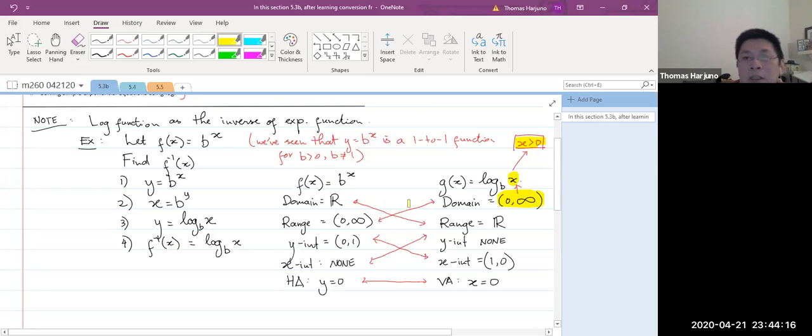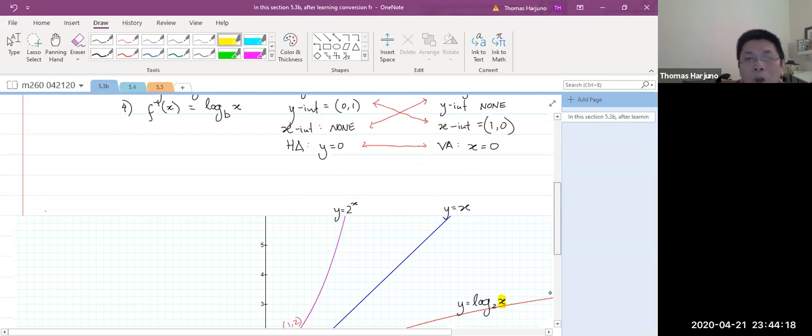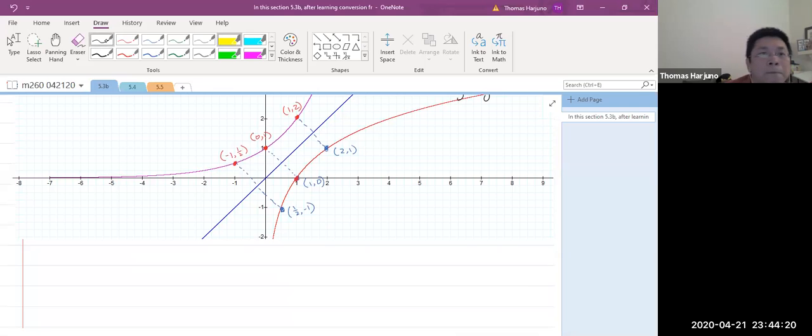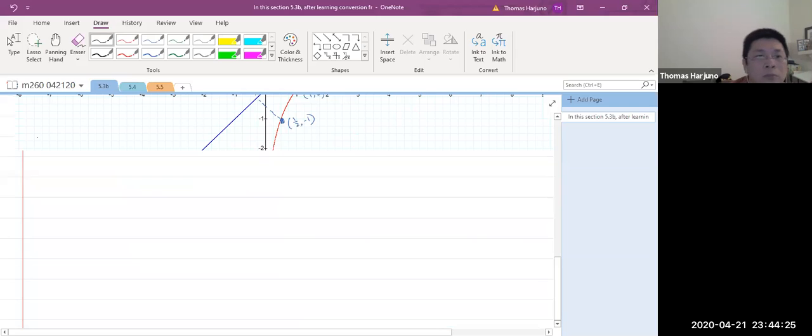Now, let's see, for example, the issue of the domain. The domain of y equals log base b of blah is the set of all x where the blah is positive.